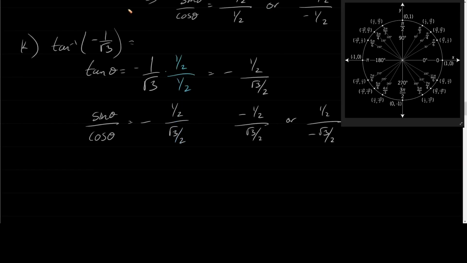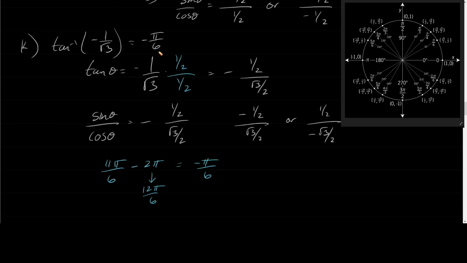So what we do is look at 11 pi over 6 and find a coterminal angle by subtracting 2 pi. And here 2 pi is the same thing as 12 pi over 6. So I get simply negative pi over 6. And that would be my solution here. Tan inverse of negative 1 over radical 3 is negative pi over 6. All right.